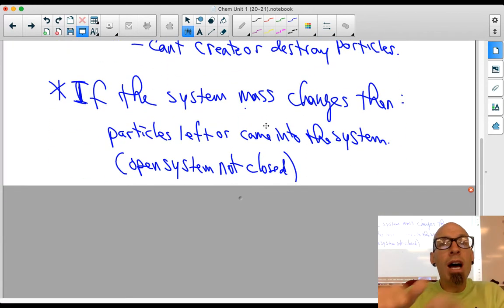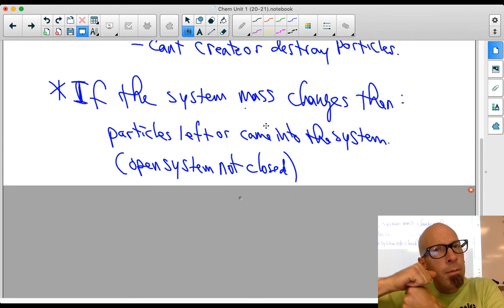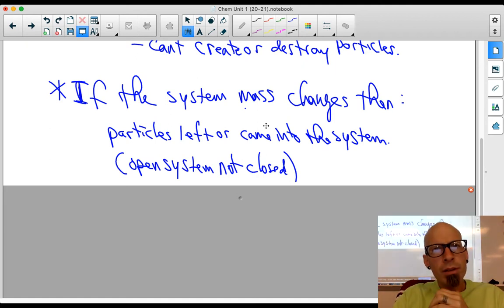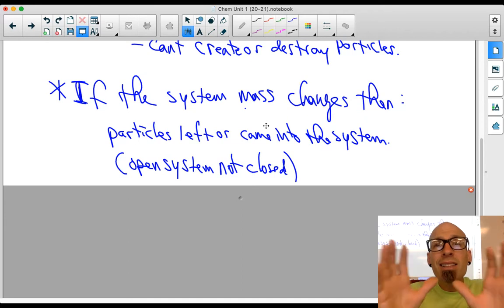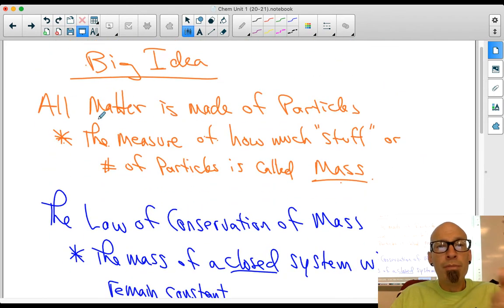And then what do you know? I uncapped it, and we heard all that gas in there, the pressure that had built up, get out. And when I massed it, what do you think happened? The mass dropped. So, does a gas have mass? Yes, because it's made of what? All matter is made of particles. And the measure of how much stuff or how many particles there are, that's called mass.